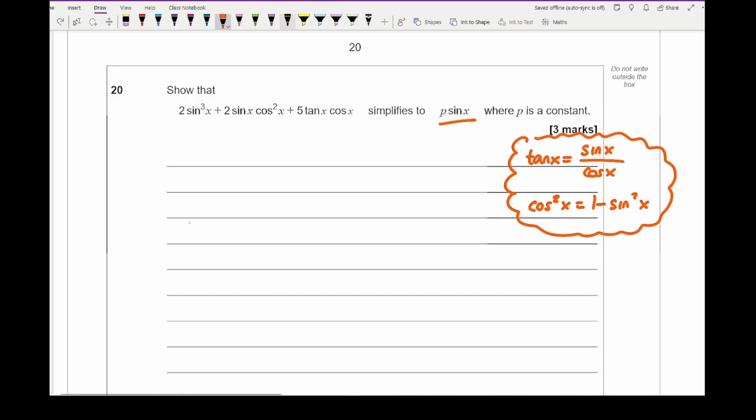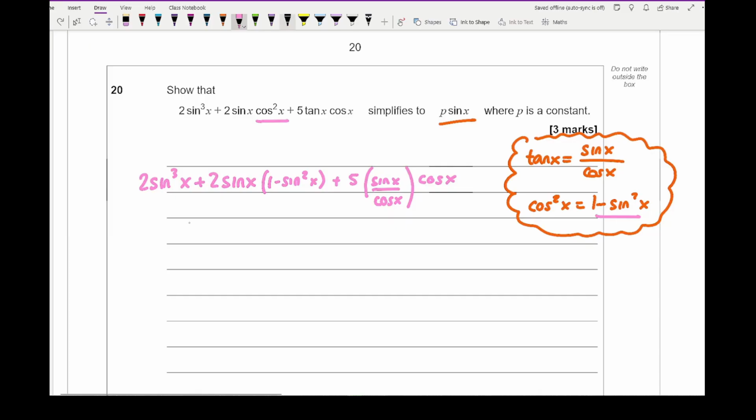So I'm going to keep the 2 sine cubed x. So that's 2 sine cubed x plus 2 sine x. Now instead of using cos squared x, I'm going to use this instead, so let's put that in brackets. Plus 5 lots. Instead of writing tan, I'm going to write sine x over cos x, and I've got cos x there.